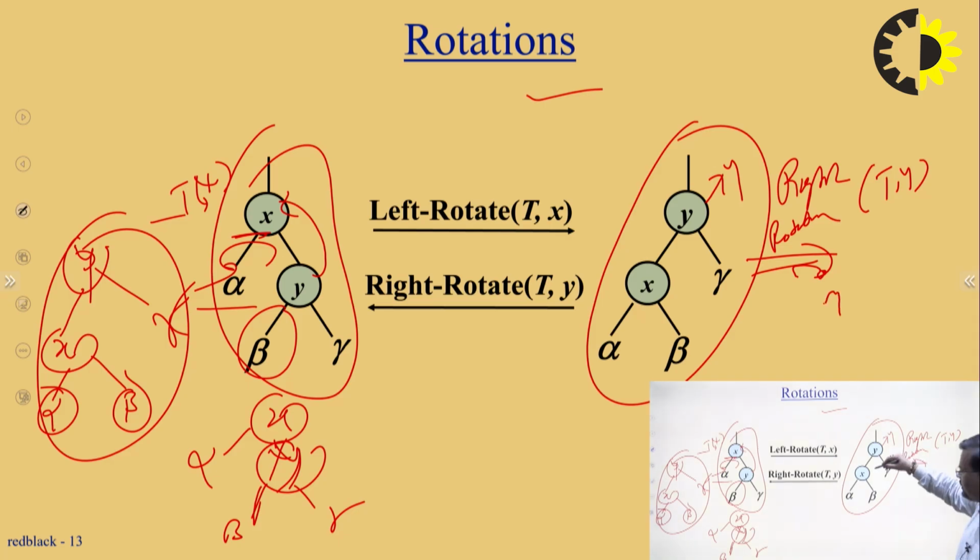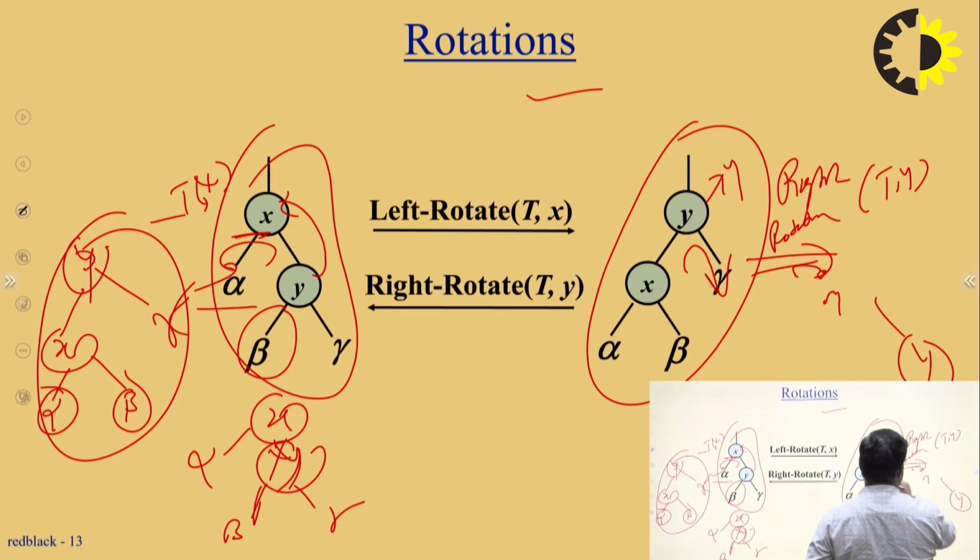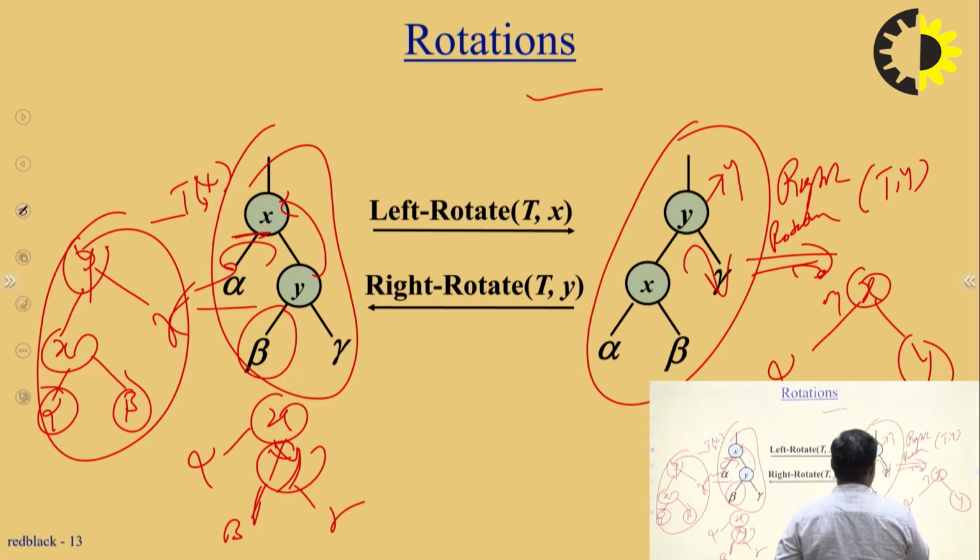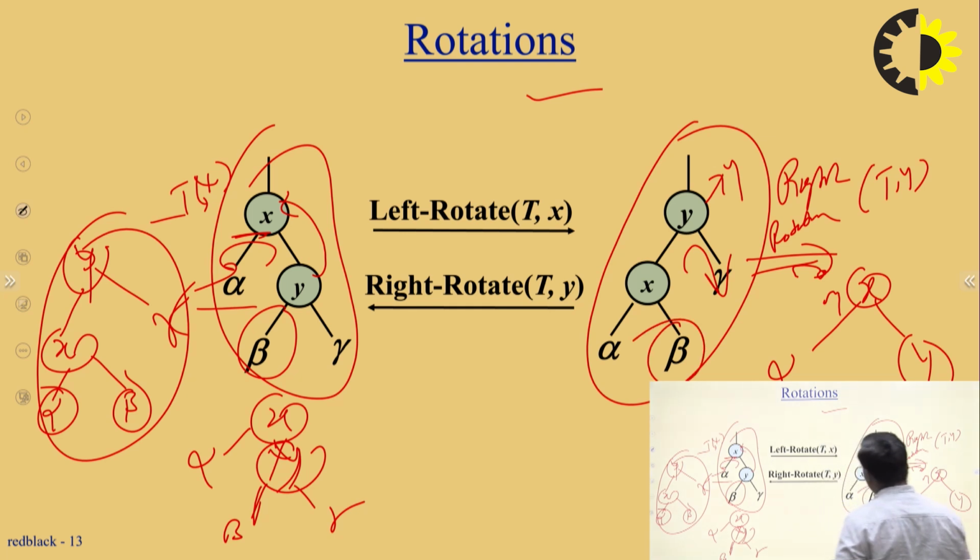Then we can say that it's a right rotate. After the right rotation, y is here and x will be the parent of y and alpha, and the right child of x will be made a left child of y, and this is the gamma. This concept is called the left rotation and right rotation.